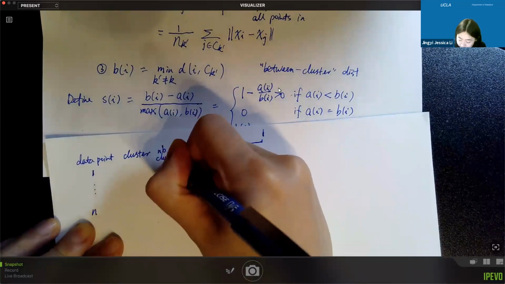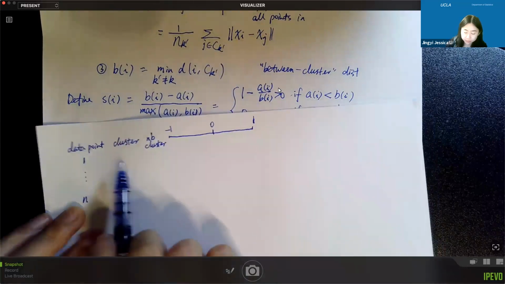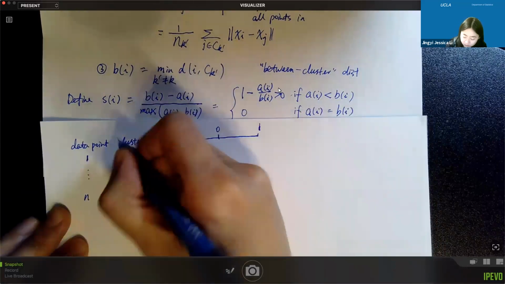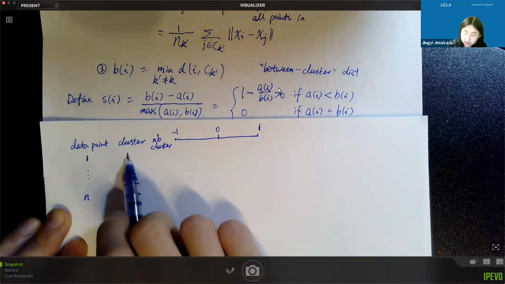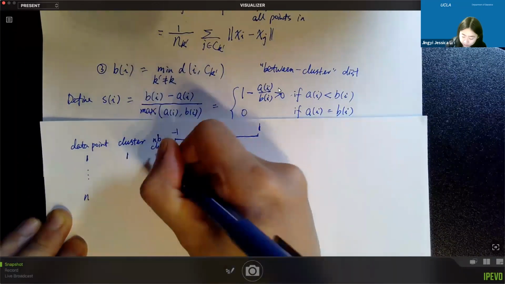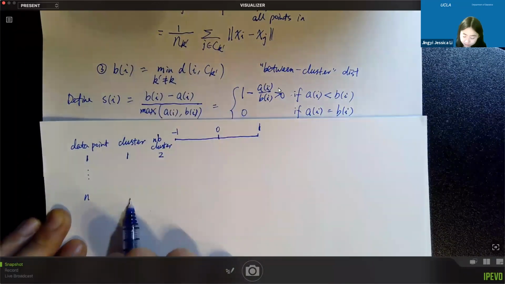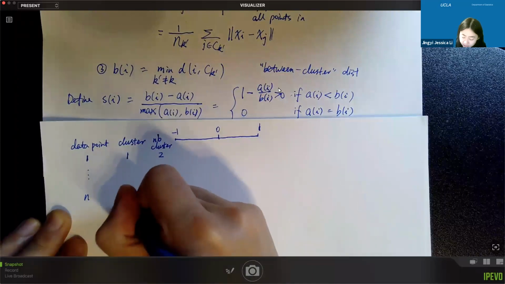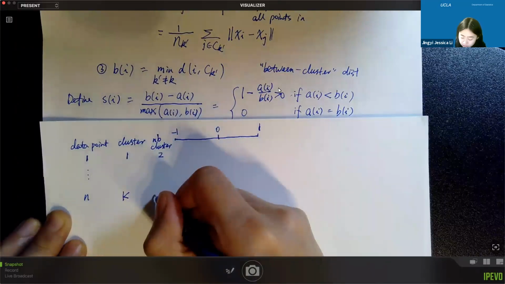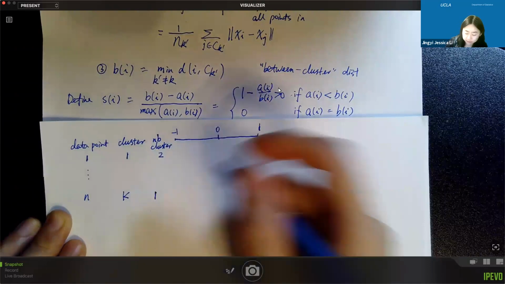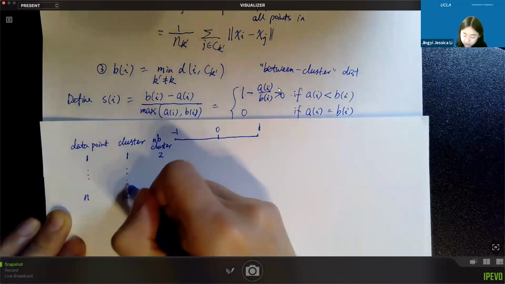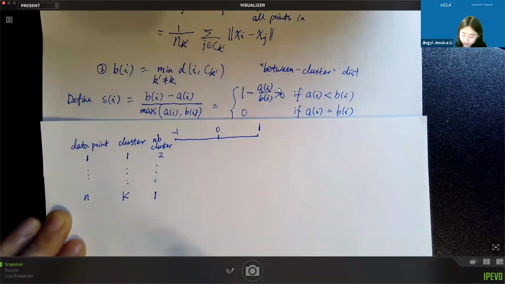cluster it's in. So for example, data point 1 itself may be in cluster 1, and its closest cluster may be cluster 2. And for data point N, it may be in cluster K, and its neighbor cluster may be cluster 1. So I'm just making up an example. So you will have this information and the silhouette.